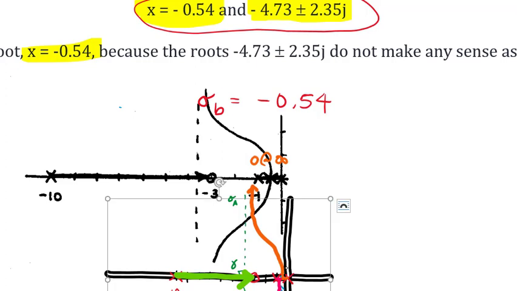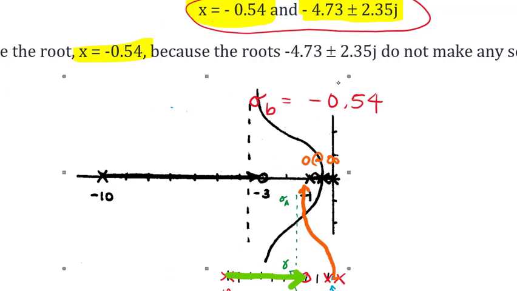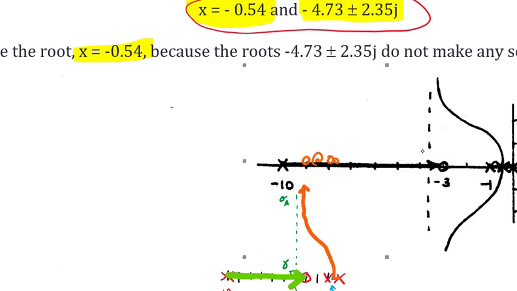Let me get rid of this stuff. There we go. So you can see, it's showing you the same things as my figure, but it's maybe a little neater.